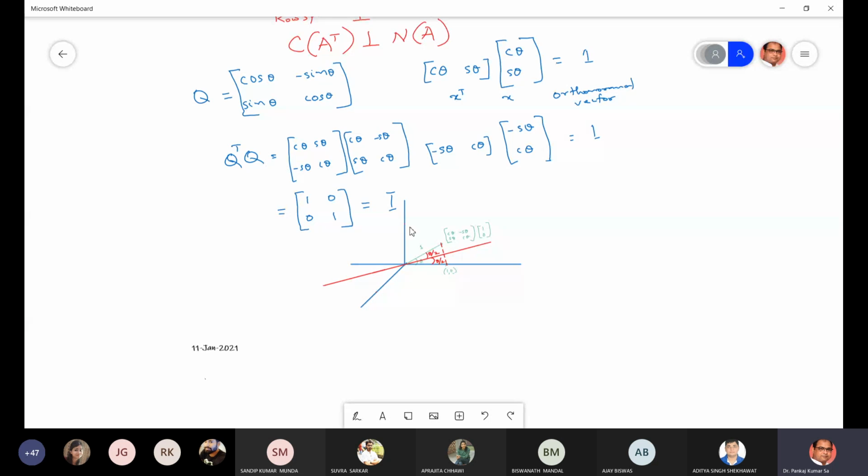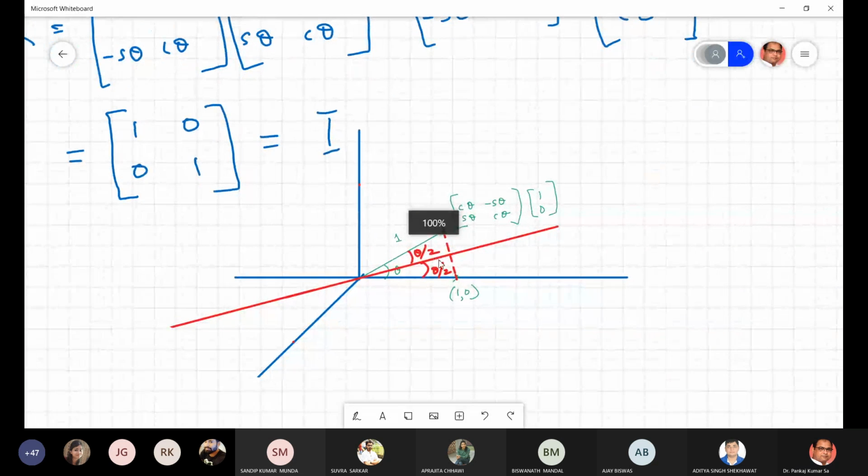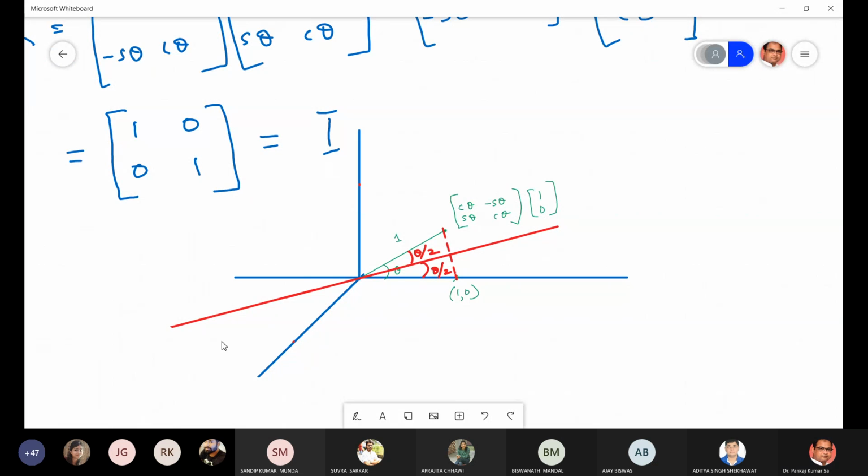Now, we were trying to explore something more here. We had a point, a vector 1 0, and this is what we rotated by an angle theta.